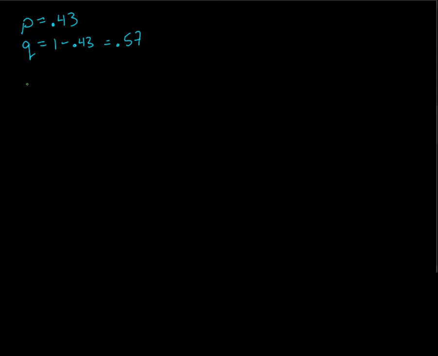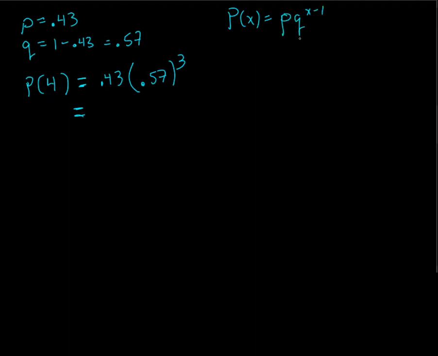So the probability in a geometric distribution that the fourth phone is the first failure is going to be 0.43 times 0.57 to the third, because our geometric distribution is p times q to the x minus 1.